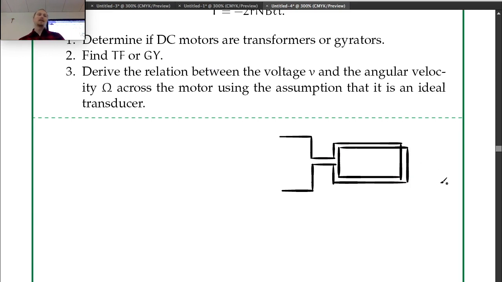It could go around several loops. And it's connected to what's called the rotor, and the rotor is the thing that actually spins. So it's connected to a shaft that comes out.